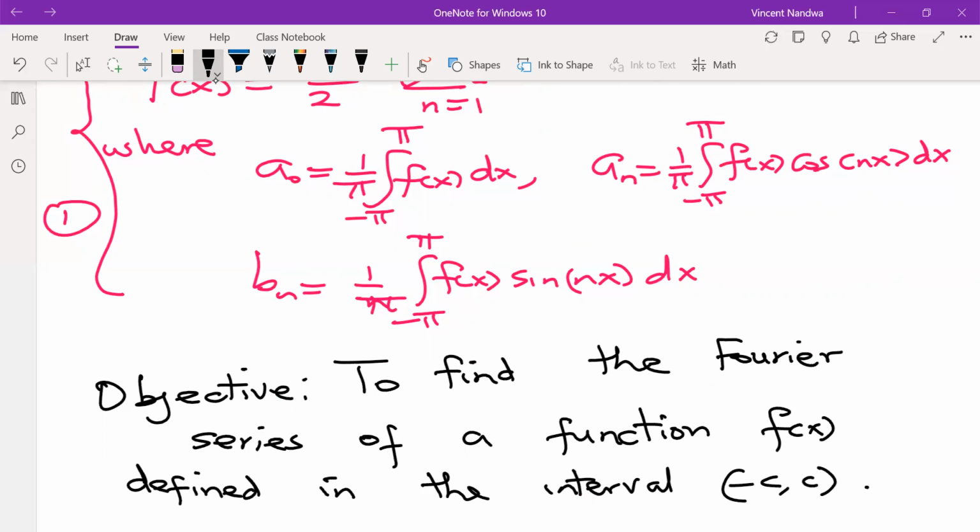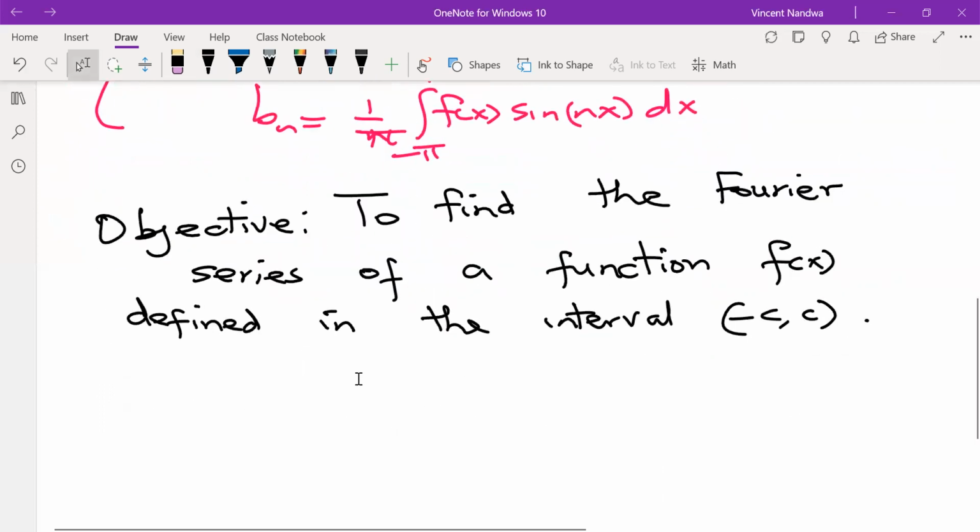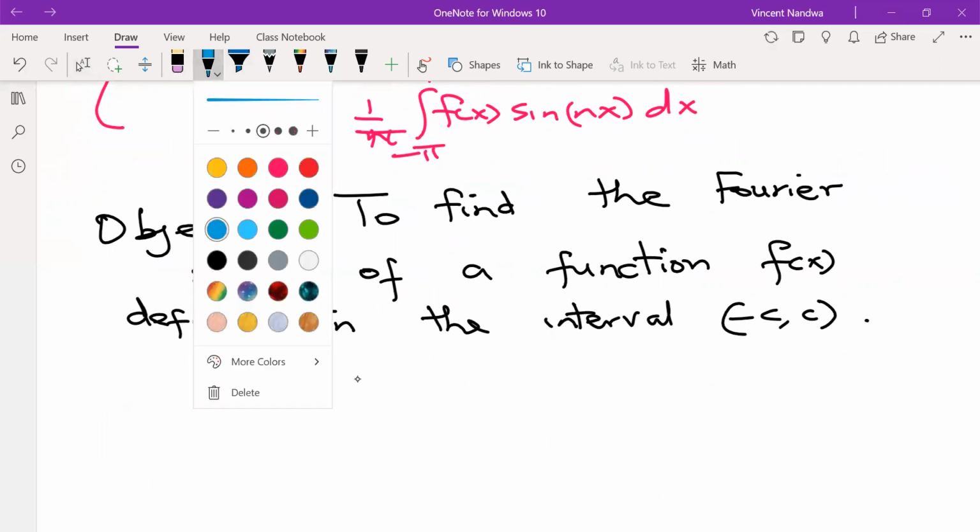So this is the objective. How do you find the Fourier series of any function f of x, which is defined from minus c to c? So let's see the steps we need to follow.